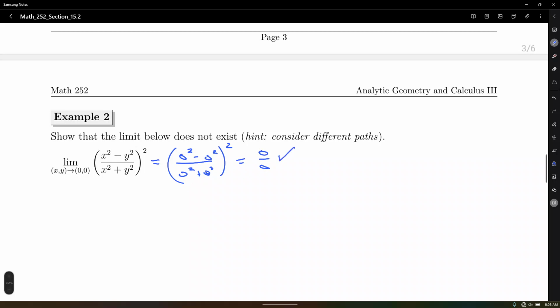Well, this is good because that means we could potentially do some algebra to divide out any of those factors that are causing the 0 over 0 indeterminate form. But if you observe this expression closely, the numerator is a difference of squares.